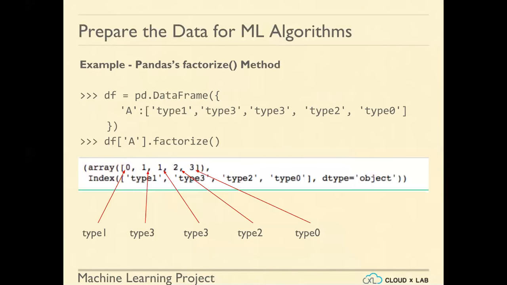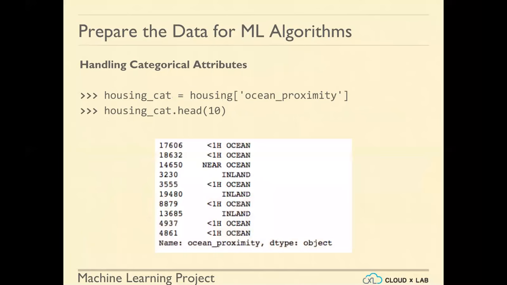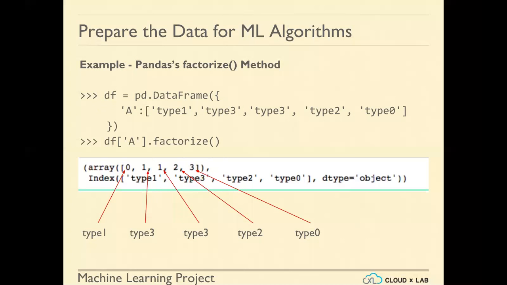Now, how do I convert this into numbers? There are two strategies. One is called factorize. What factorize does is give numbers to the names. Say, for example, we have type 1, type 3, type 3, type 2, type 0.